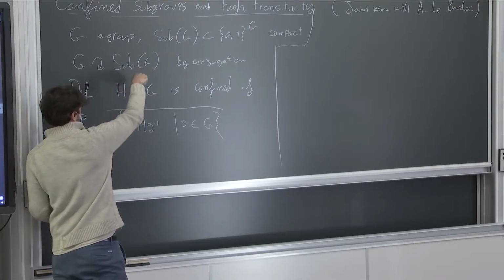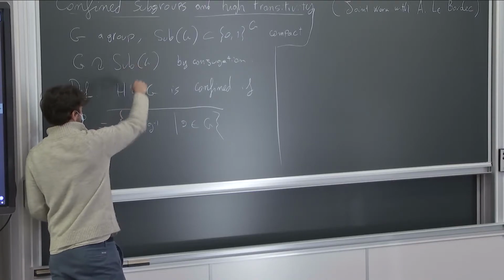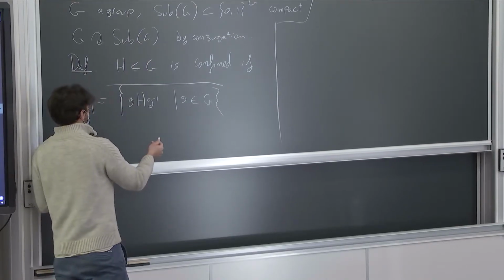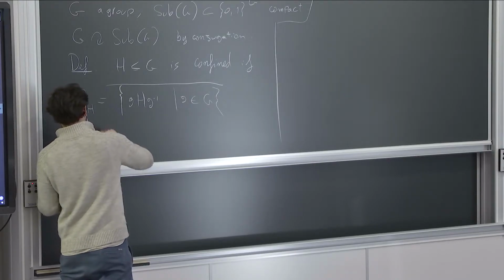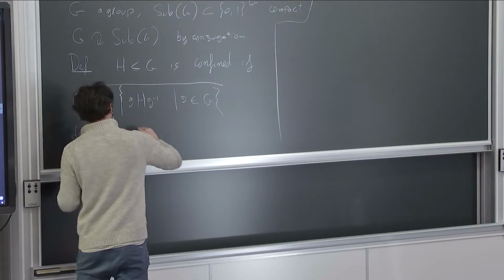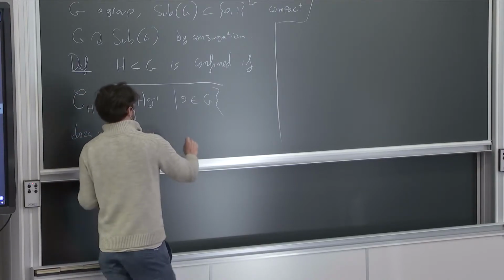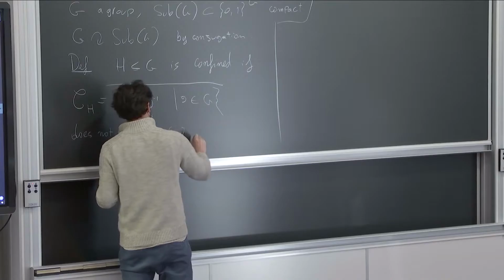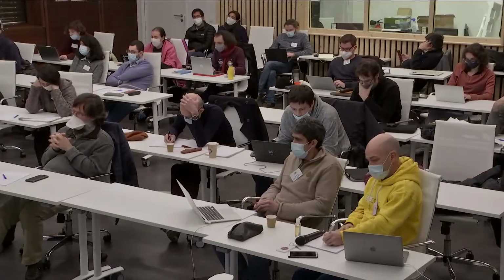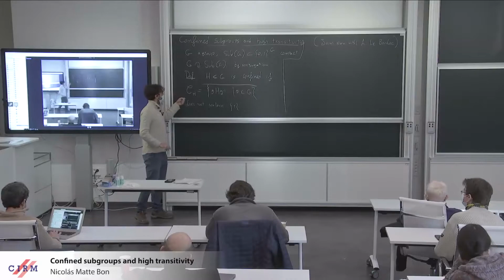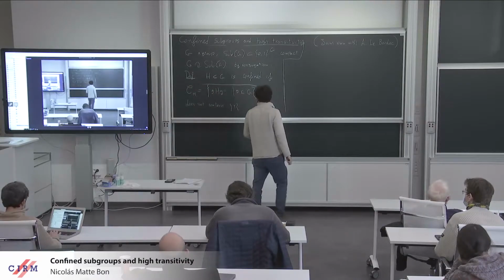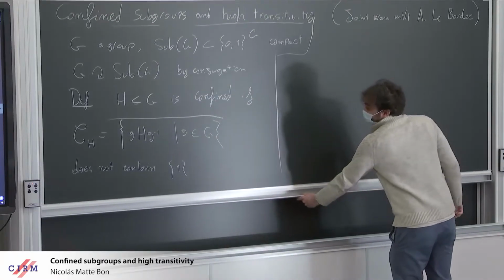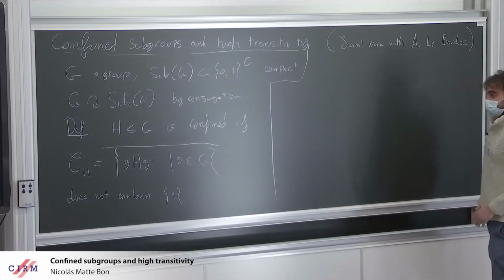This is a closed G-invariant subset of the space of all subgroups of G, and I want it to not contain the trivial subgroup. In other words, you cannot accumulate H on the trivial subgroup by conjugation using elements of G.